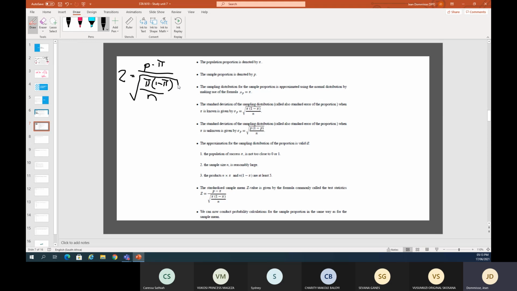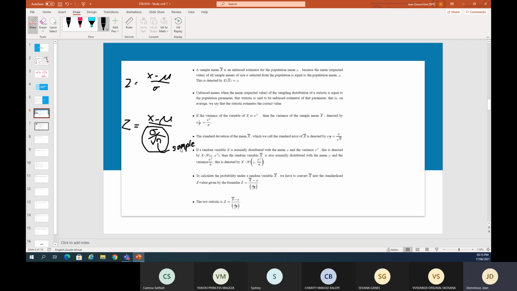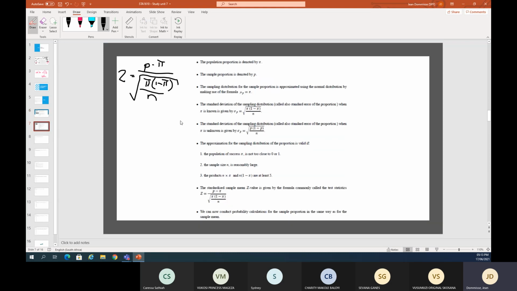As you will see in your assessments as well, a thing that they ask a lot is for you to work out what the standard error is. That is the one thing you need to look out for, in both the standard error for the mean and the standard error for proportion.